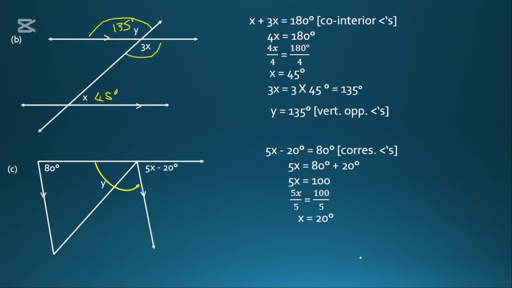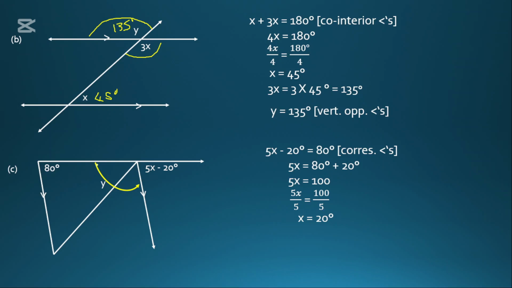So 5x minus 20 is 80 degrees, corresponding angles. Same thing, 5x is equal to 80 plus 20, 5x is 100. Divide each side by 5, and x is equal to 20.